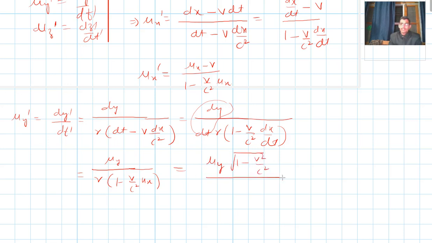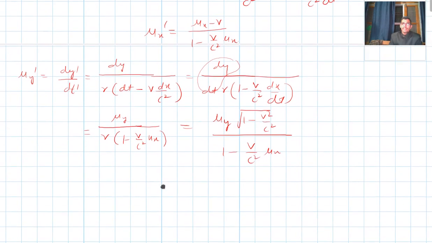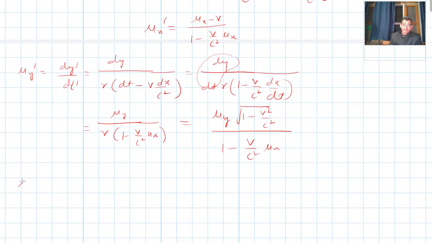And similarly we can write the expression for uz prime, which is dz prime over dt prime.